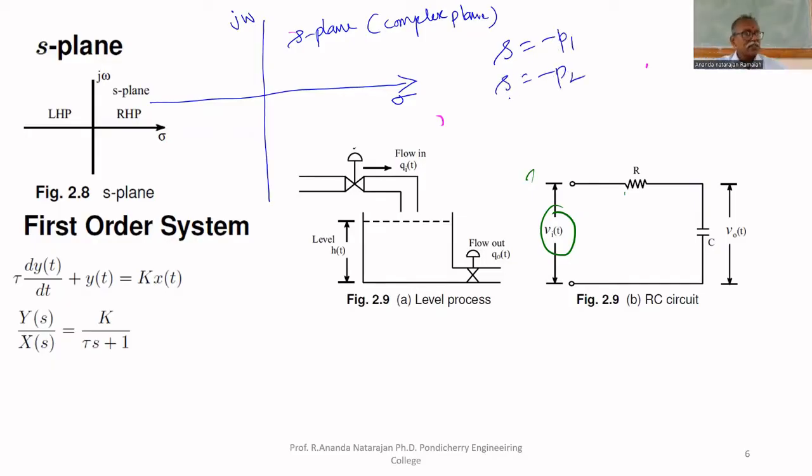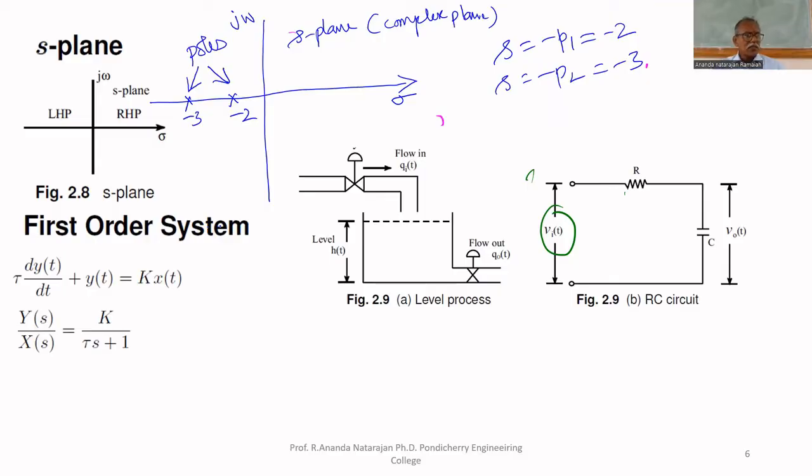For that second order example system, the roots of the denominator are minus P1 and minus P2, or say minus 2 and minus 3. If you plot in this S-plane, minus 2 will be here and minus 3 will be here. So these are all poles of the system.